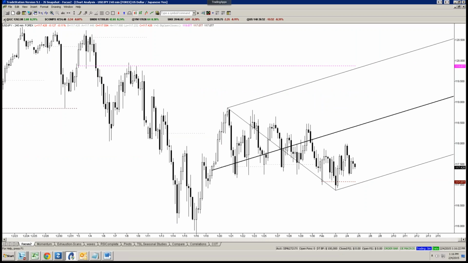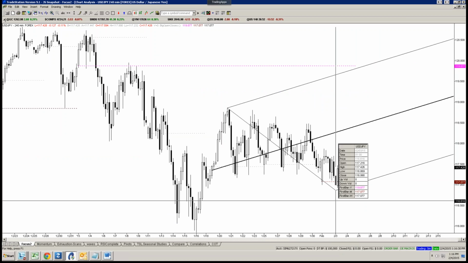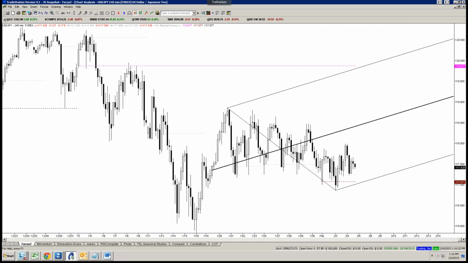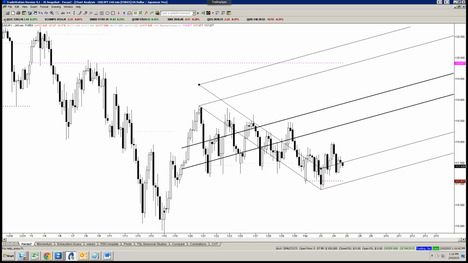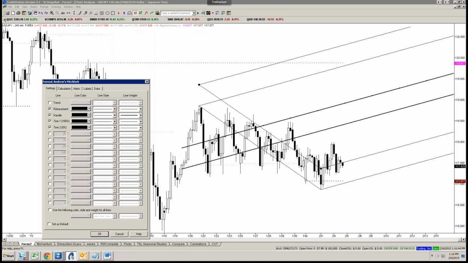So to me, this was, and still is, by the way, a false break to the downside, which means the market could be primed for a move higher. And going off some of the slopes here, this is still early in its construction, but this is the chart that I tweeted out this morning.